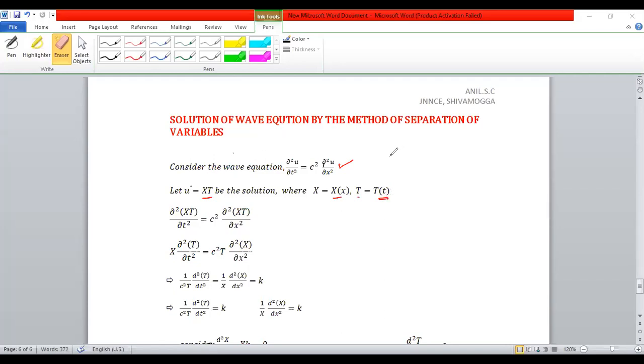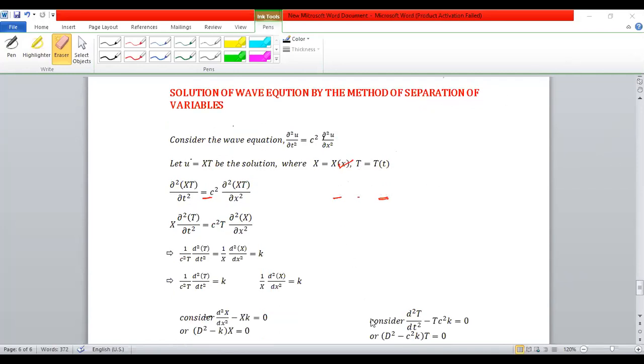Consider the wave equation, del square u by del t square is equal to c square into del square u by del x square. Let's make the assumption as we did in the previous case. Let u is equal to X T be the solution, where X is a function of x and T is a function of t only.